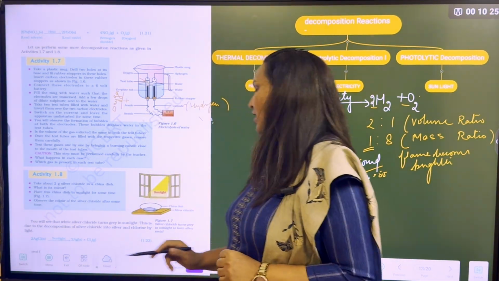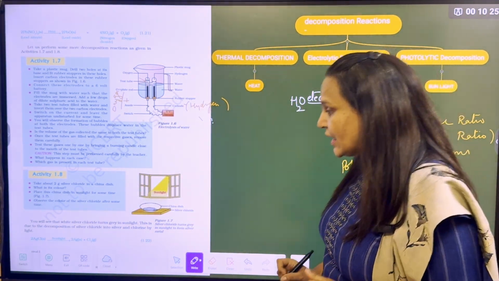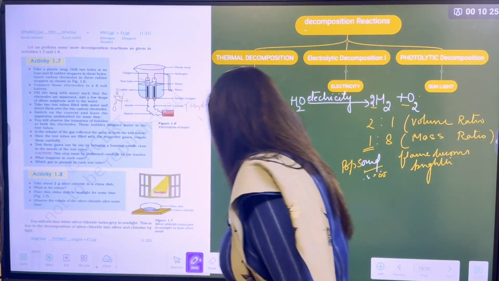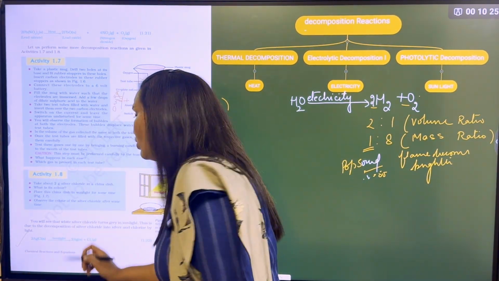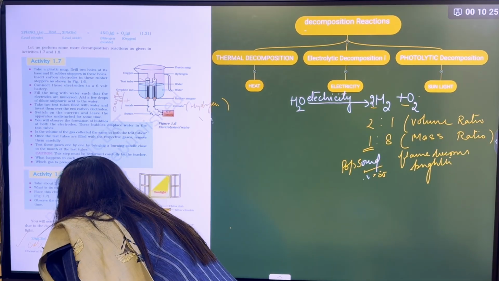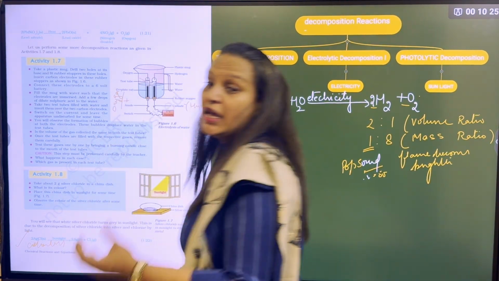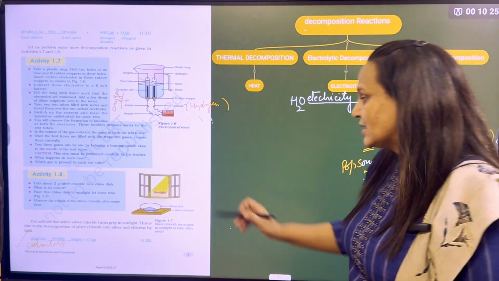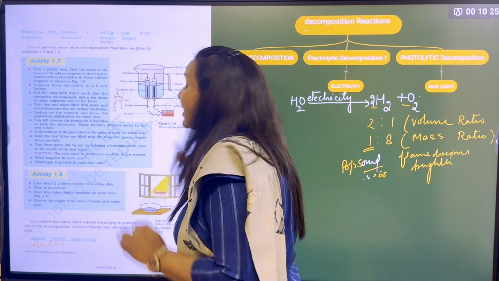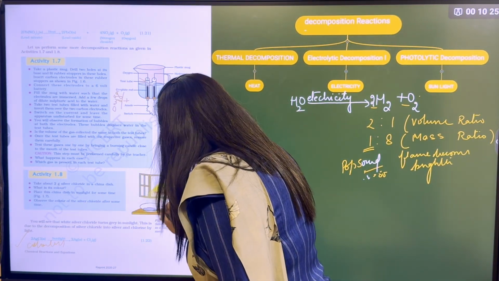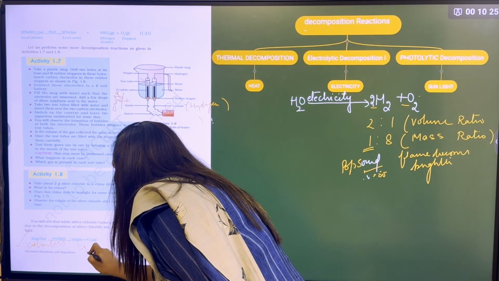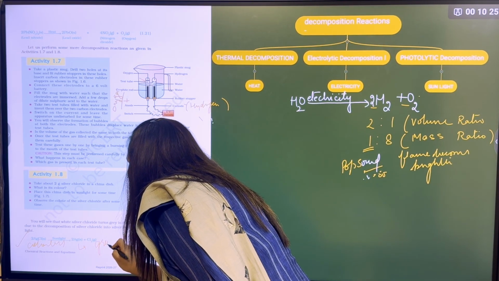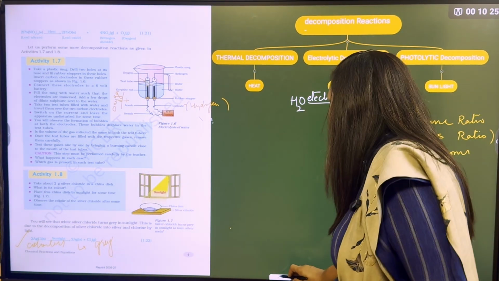Under photolytic decomposition, we use silver salts. One is silver chloride, which itself is colorless. If you remember, if you expose silver chloride to sunlight, it turns gray. So the silver which is left here becomes gray, and chlorine gas is given out, right?